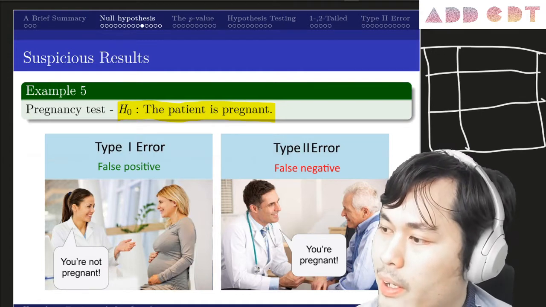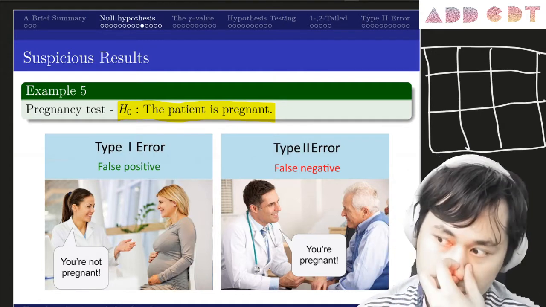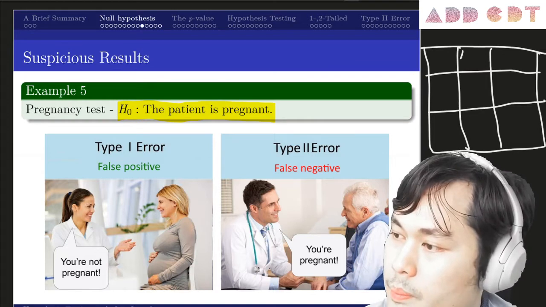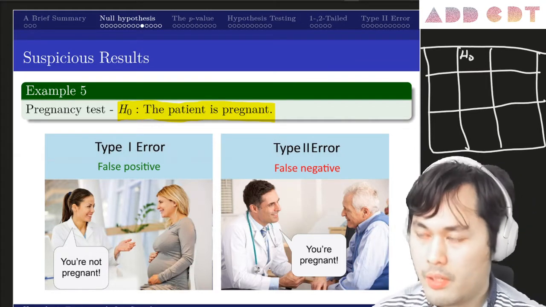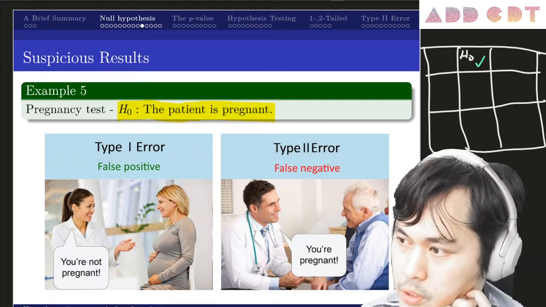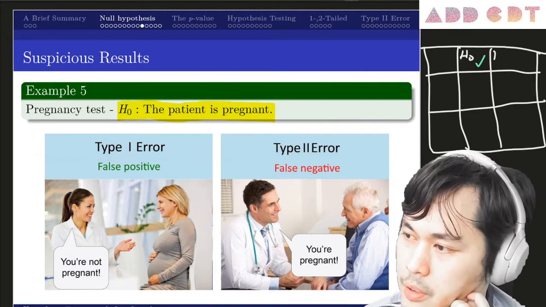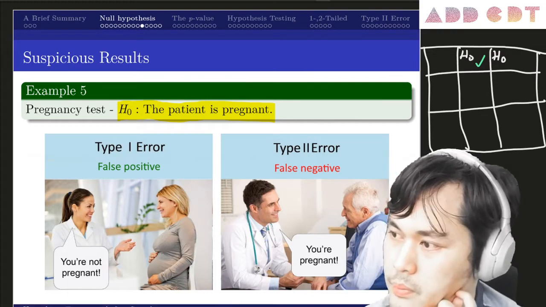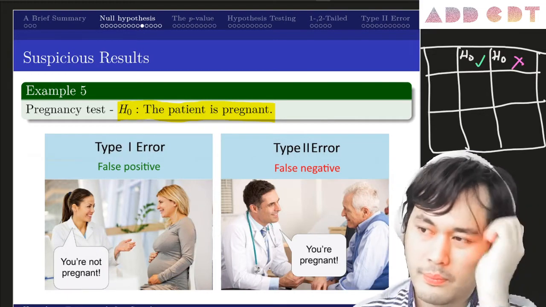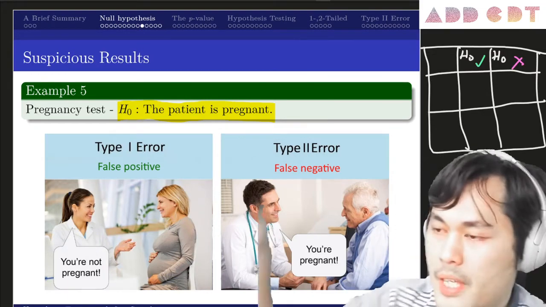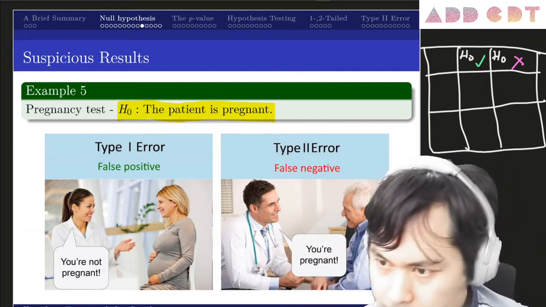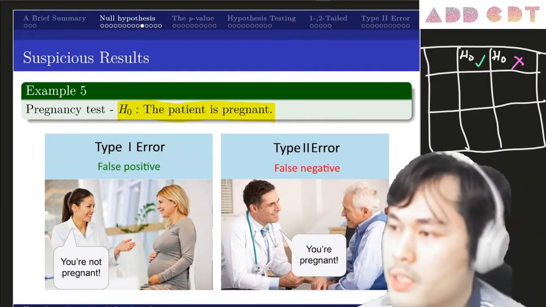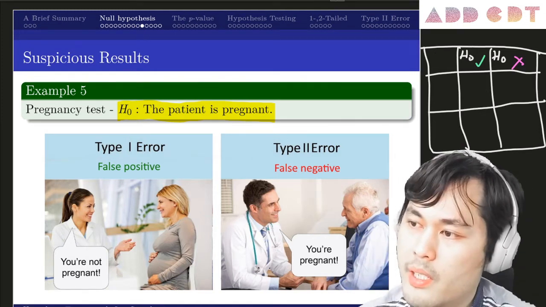Alright, okay, there are going to be scenarios here. So the null hypothesis could be either true or false. So that's the axis, the column is for the actual statement, and the rows are going to be about our decision.